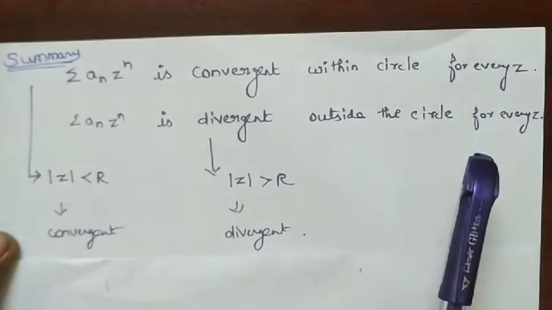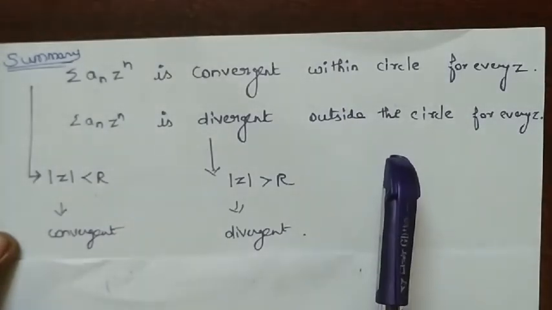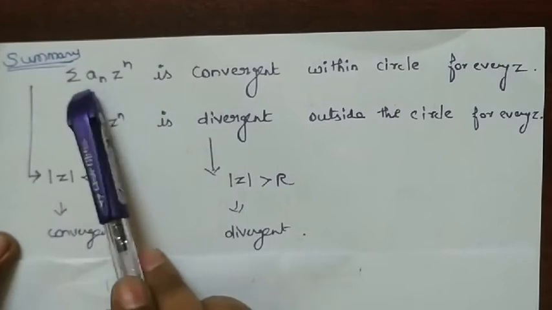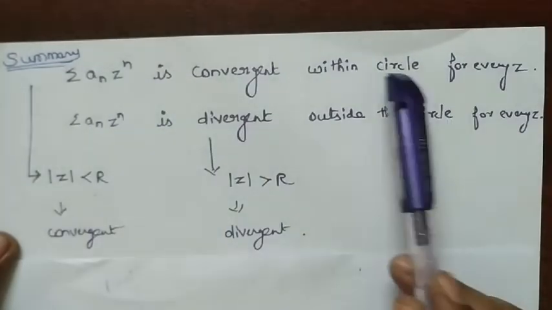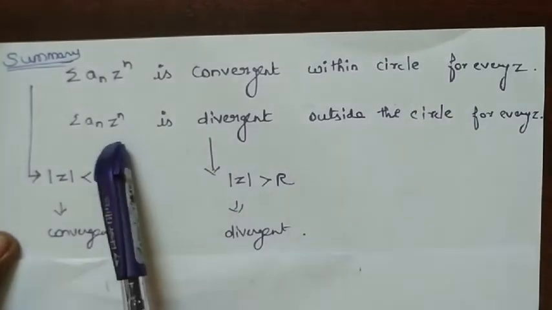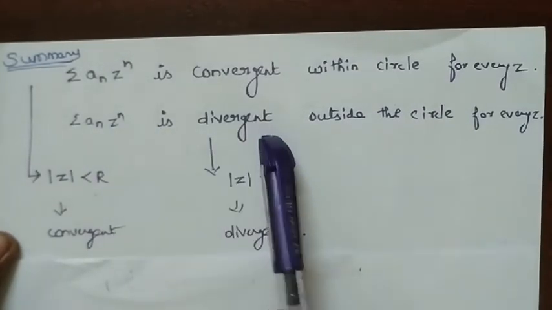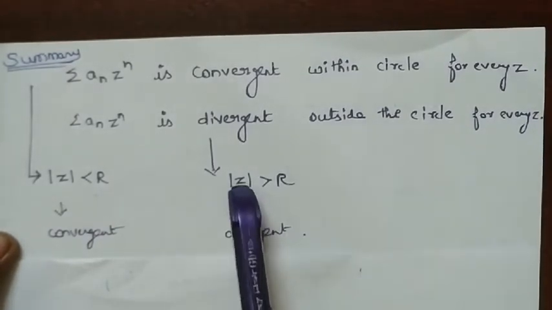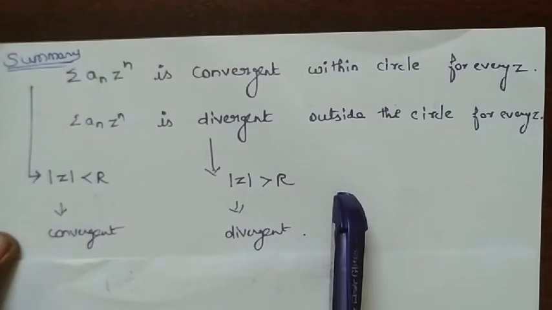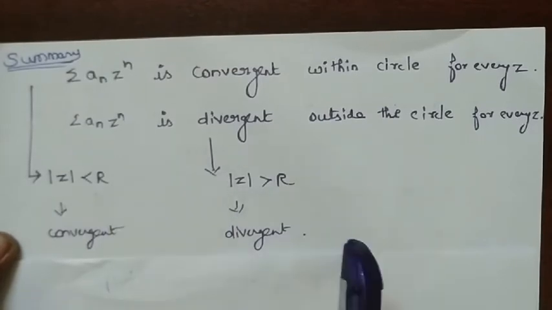These are the two important summary points of the radius of convergence: the power series is convergent if modulus of z is less than r, and divergent if modulus of z is greater than r.